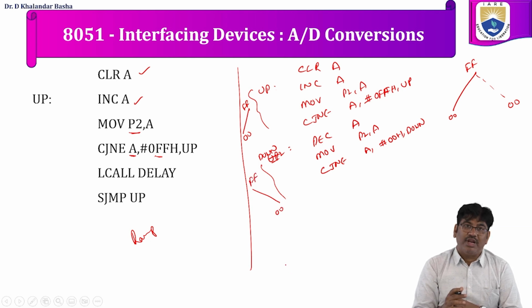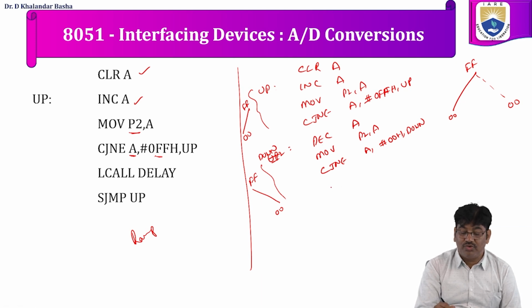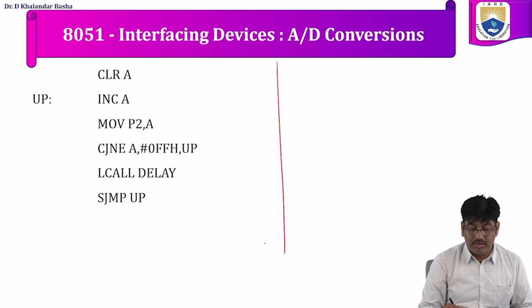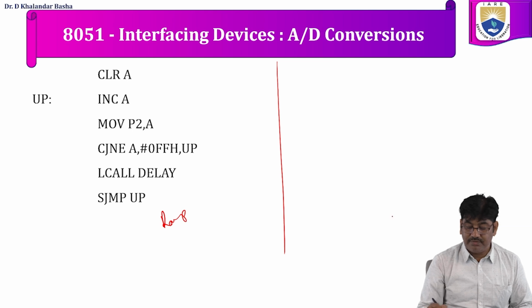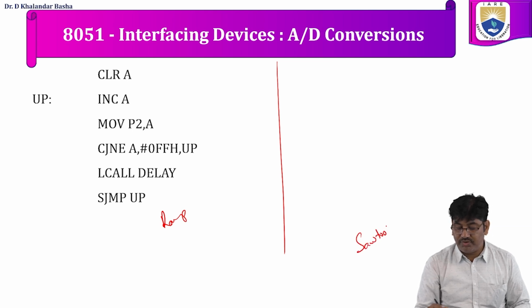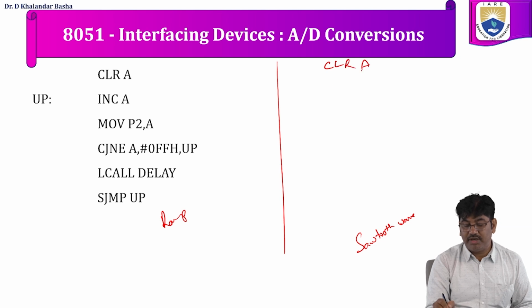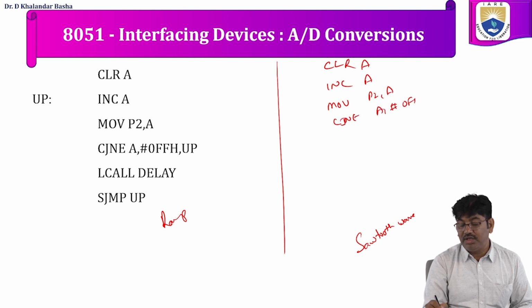So when you execute this program, it is going to generate one ramp. If I want a repeated one, then you can go for SJMP. So it will start again generating the waveform. This is for ramp generation. This is for sawtooth. So clear accumulator, increment accumulator, MOV port 2, A, CJNE accumulator content with FFH. It is done for up.